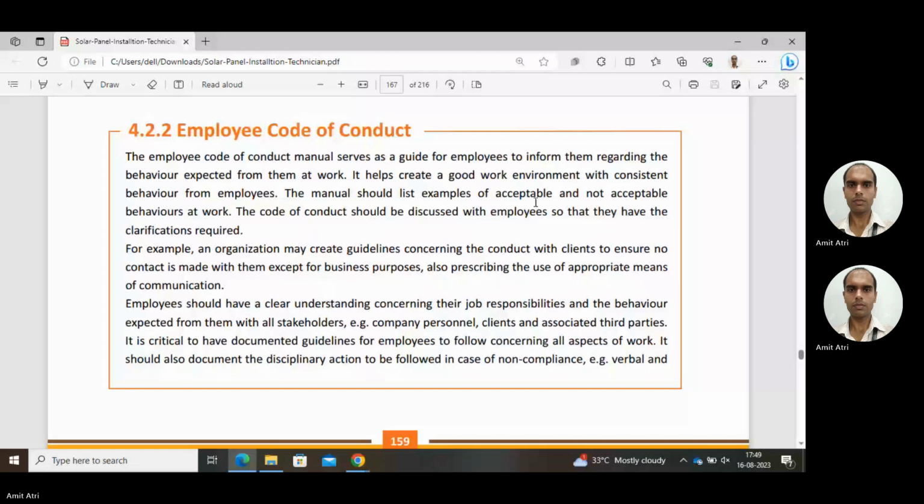Also, it should prescribe the use of appropriate means of communication. How to communicate with the client? In which method should we communicate?